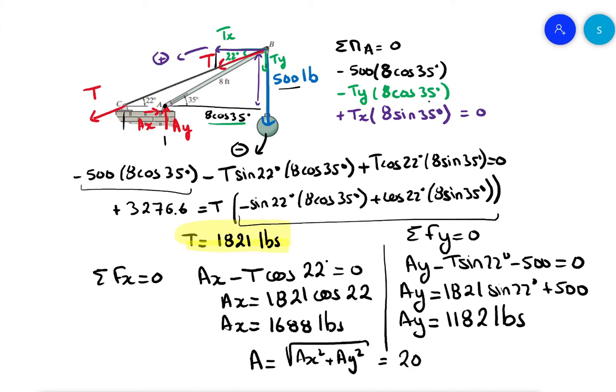That's 2060 pounds, so 2.06 kilopounds. And I think that's it. We found the force A in the pin and the force T in the cable. Remember, we can slide our forces. That's it. Bye-bye.